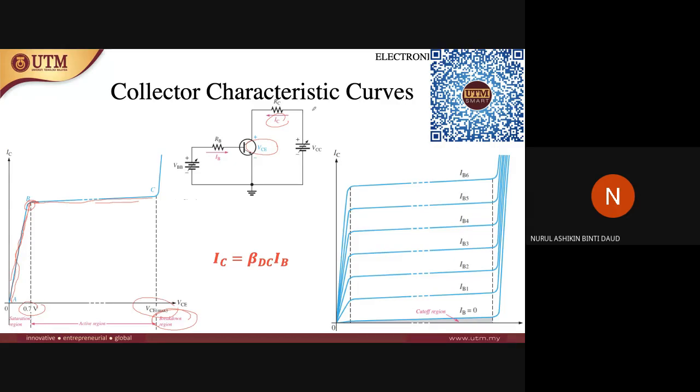VCE depends on the current. The value of voltage VCE depends on the value of the current that flows at the base of the transistor. You can see here that the voltage source is variable, which means the value can be changed.